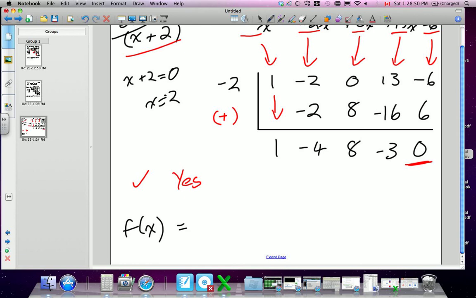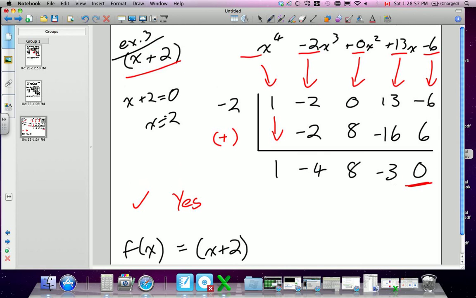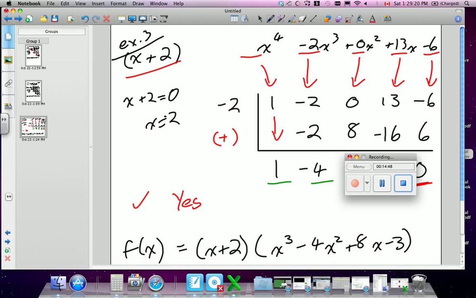So we can factor this into x plus 2, and then the rest are the coefficients of our next terms. So this is the coefficient of x cubed, we put a 1 there, minus 4x squared, plus 8x minus 3.